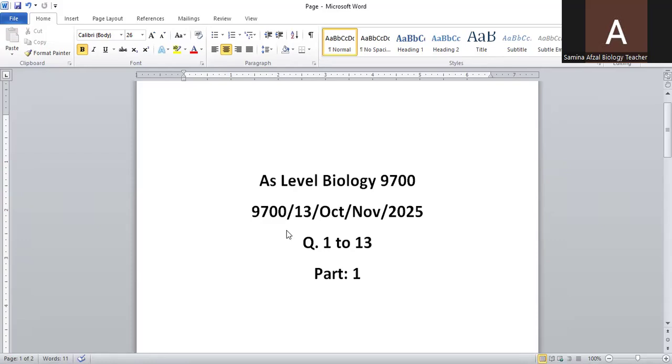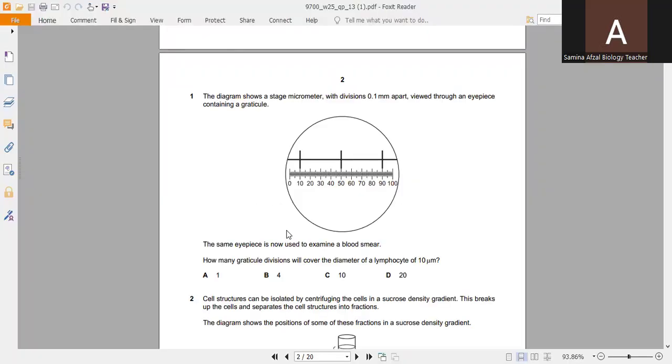Now, question 1 is on a diagram. The diagram shows a stage micrometer with divisions 0.1 millimeter apart, viewed through an eyepiece containing a graticule. The same eyepiece is now used to examine a blood smear.